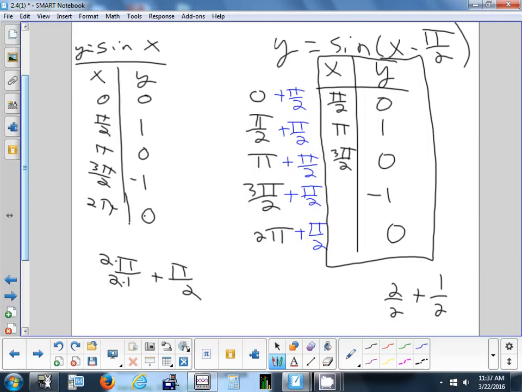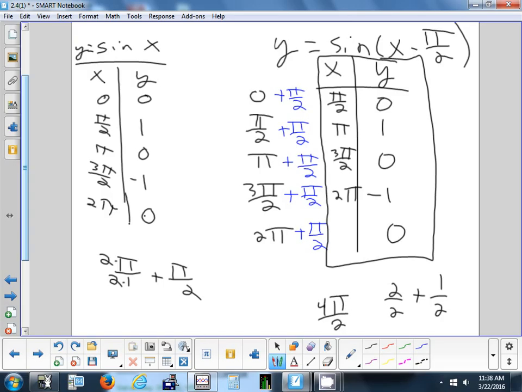How about 3 pi over 2 plus 1 pi over 2? 4 pi over 2, which becomes 2 pi. And the last one, what is it? 3 pi over 2. Yep, we got 3 pi over 2.